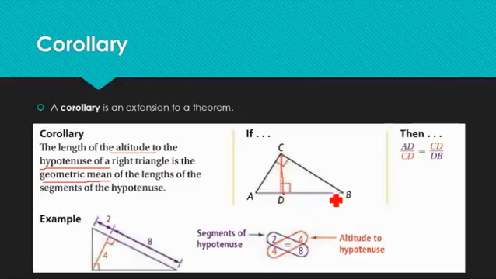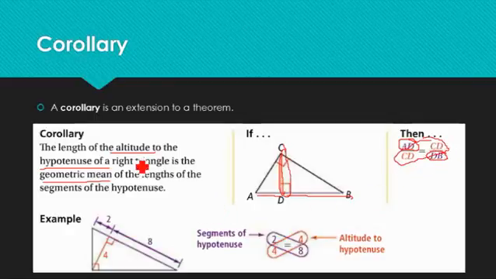For example, we have AD and DB. So those are my two extremes. The length of the altitude CD is the geometric mean. So that goes right here.